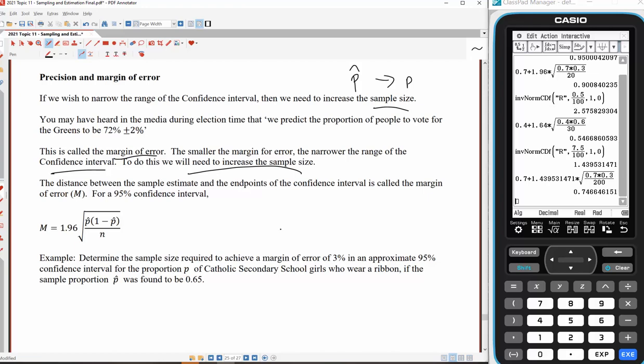Right, so basically what happens is we get a sample proportion p hat. Either side of that, we're going to get an interval, which then gives us an idea about p, all right? And the distance from there to there will be the margin of error, okay? And that should look relatively familiar.